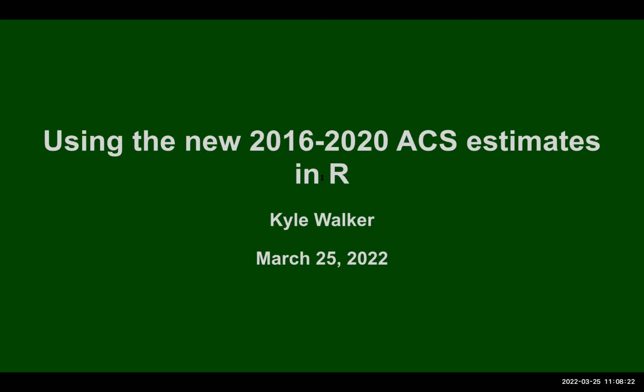This is kind of fun to be able to do because these estimates usually come out in early December of every year, but due to the COVID-19 pandemic and significant data collection issues in the 2020 ACS, which I'll cover in some detail later in the presentation, the release of these estimates was delayed because Census wanted to be confident that they were producing estimates that we could rely on.